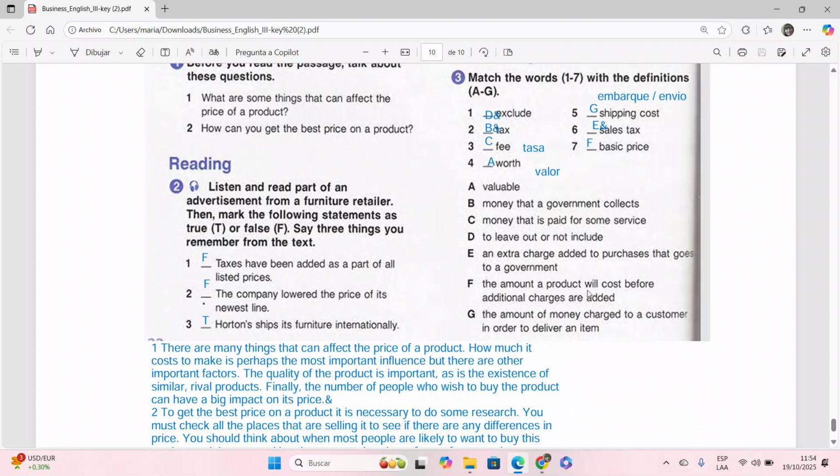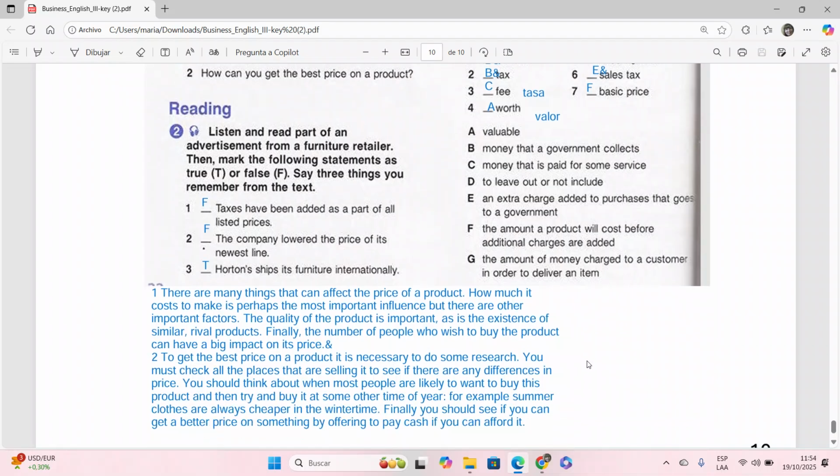G. Shipping cost. The amount of money charged to a customer in order to deliver an item. 6. E. An extra charge added to purchases that goes to a government. 7. F. The amount a product will cost before additional charges are added.